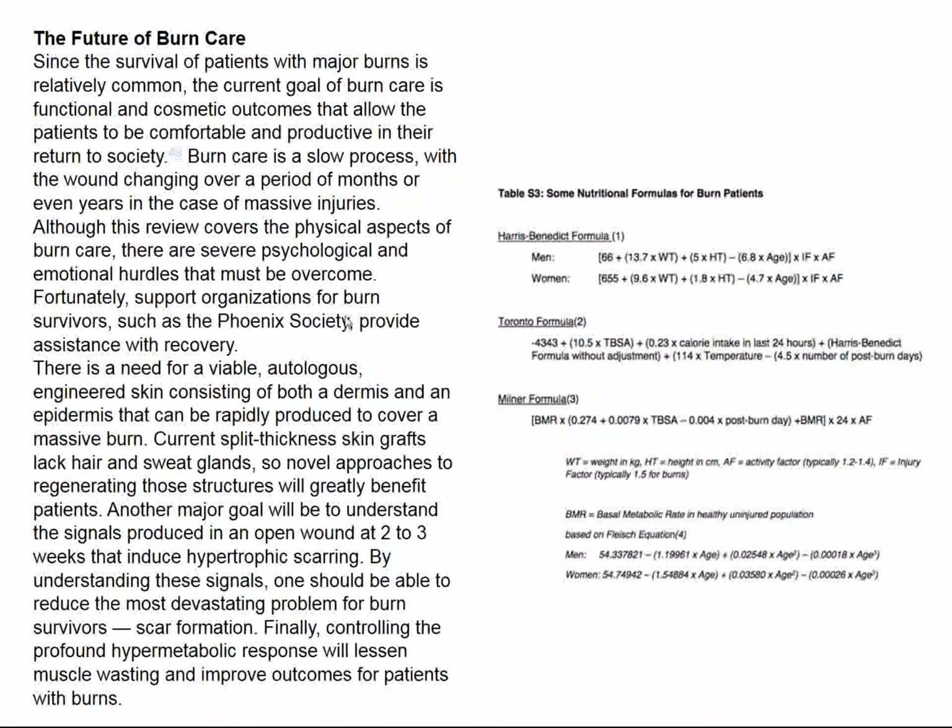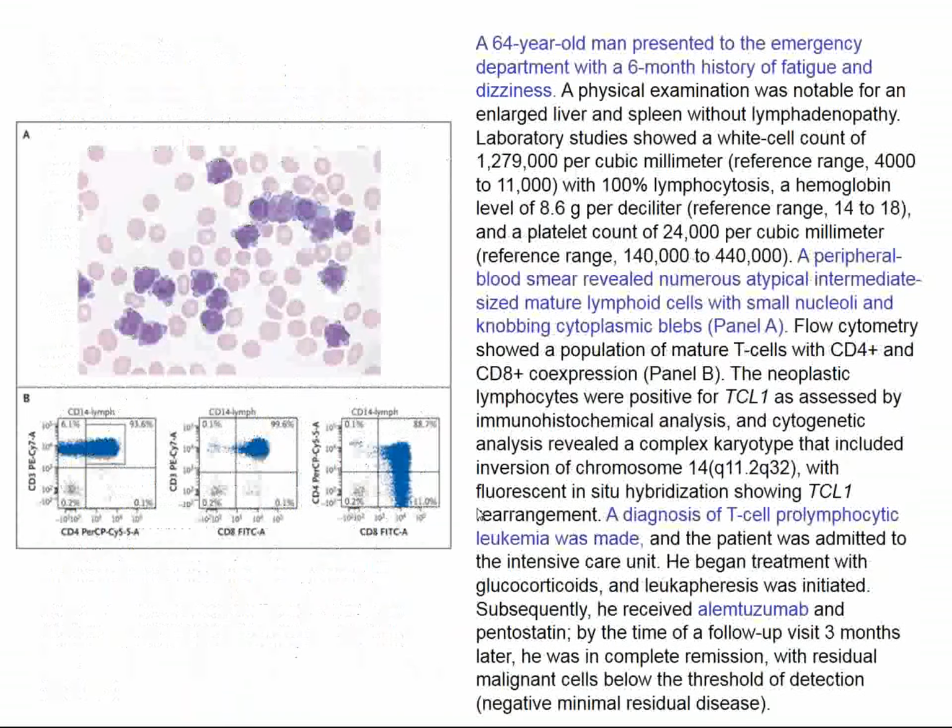And the nutritional requirements of these patients are given here in the supplement. There are some formulae that, if you're interested in this material, you can pull out the details here, but these are well known to patients that are involved in intensive care.